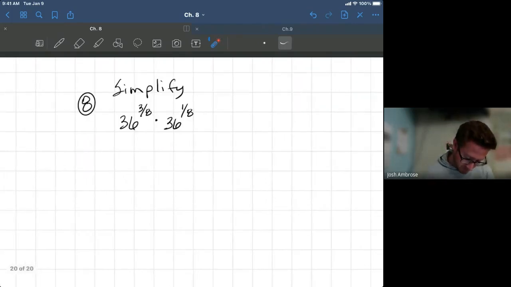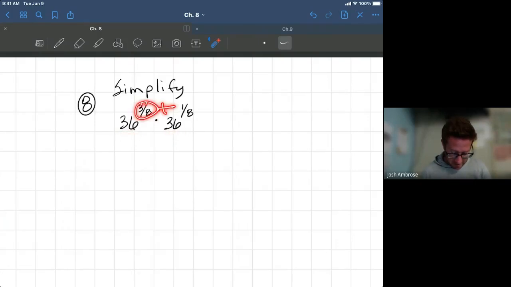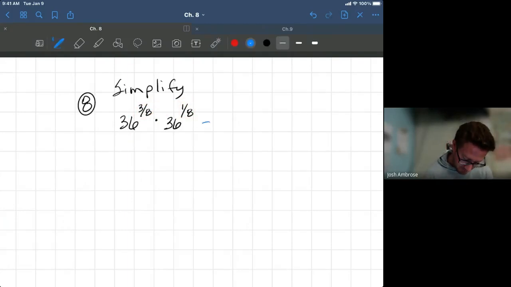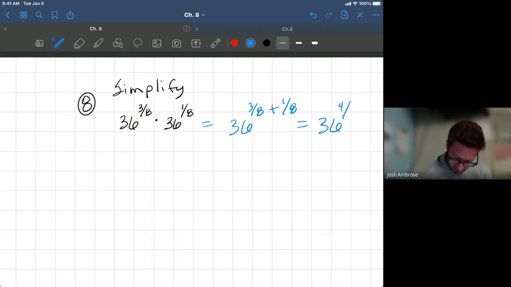All right, let's simplify here. Same base. Both have 36. Being multiplied means we will add these exponents. So this is the same thing as saying 36 to the 3/8 plus 1/8, which is 36 to the 4/8. Remember in the last problem, what did I say about being able to reduce fractional exponents? If you can reduce a fractional exponent, reduce it. So this is now 36 to the 1/2.